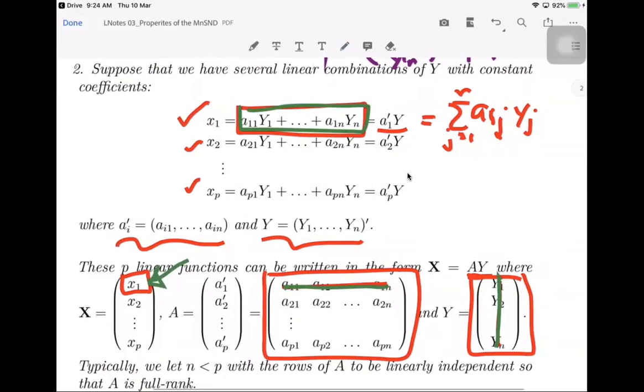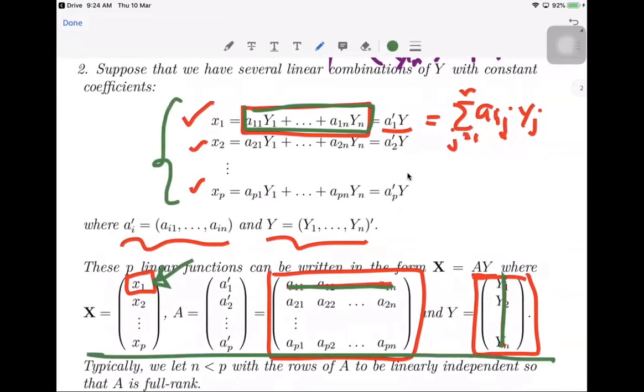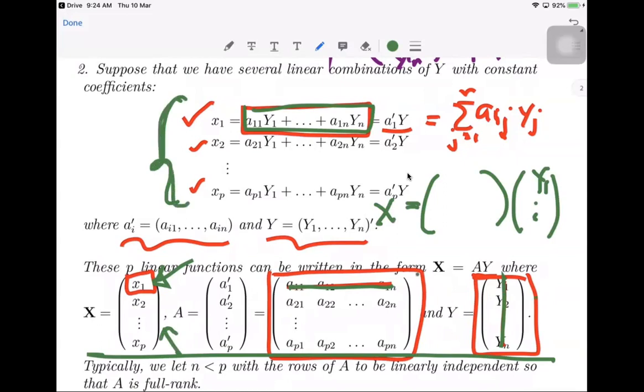This is your matrix notation, which you write as A times your Y, and this is your X. So X is a vector of x's. Your A and your Y will produce this one. Okay?